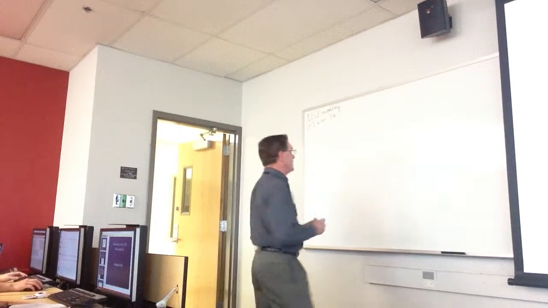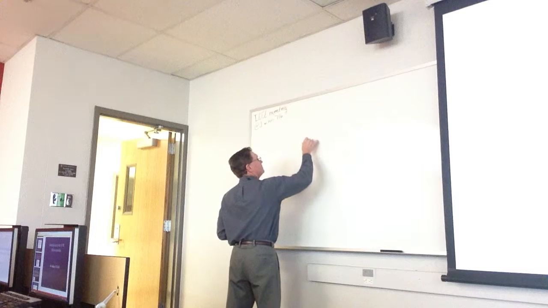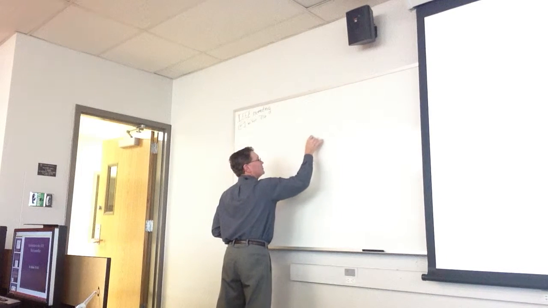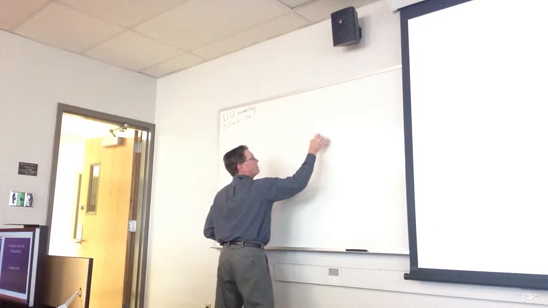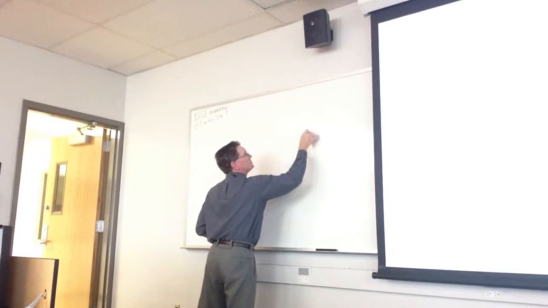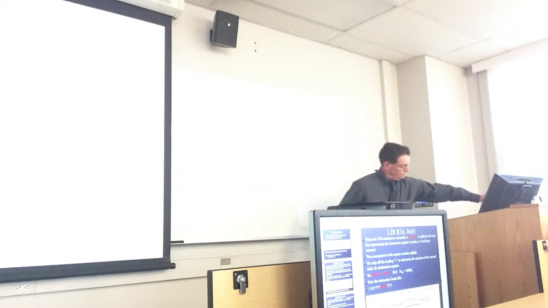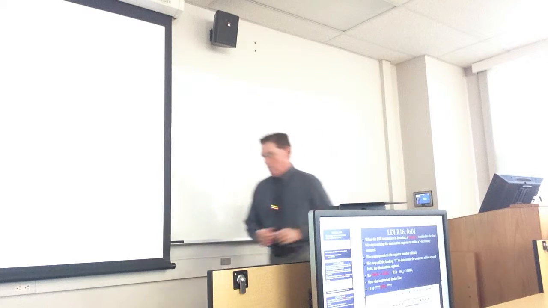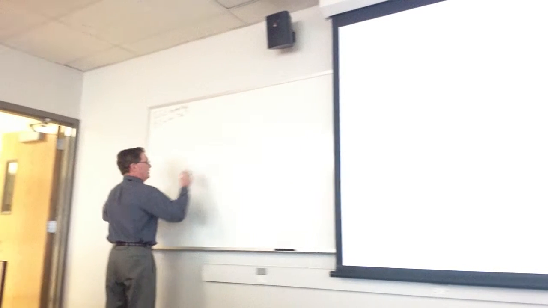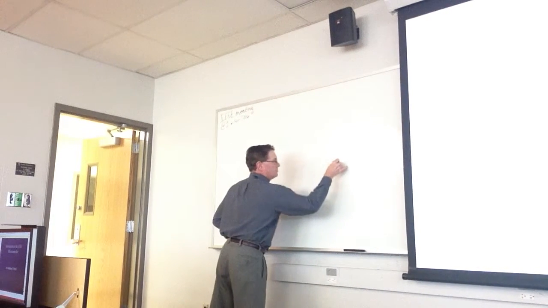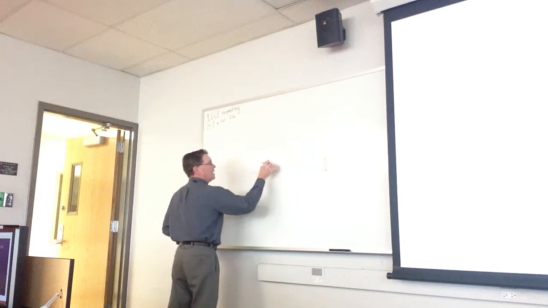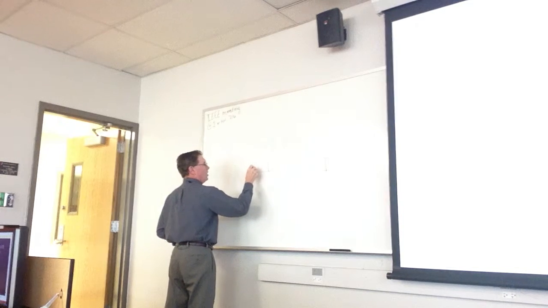So now, if I did an LDI R17, comma, 0, 1, here I've got my 16 bits. I'm going to have 1110.